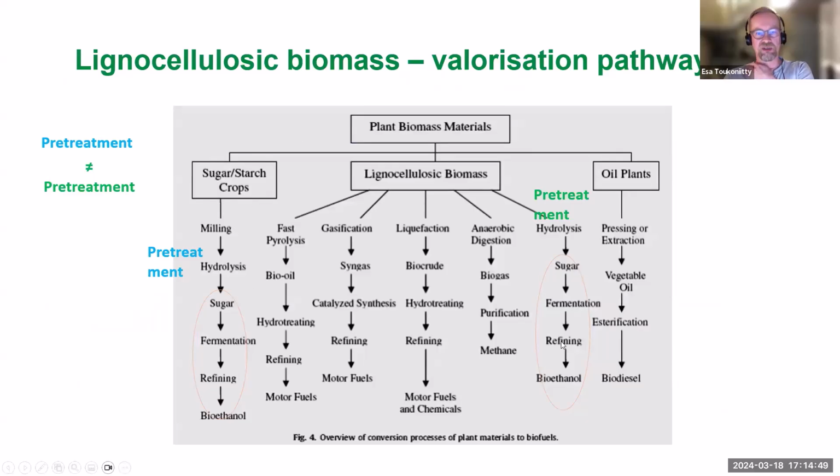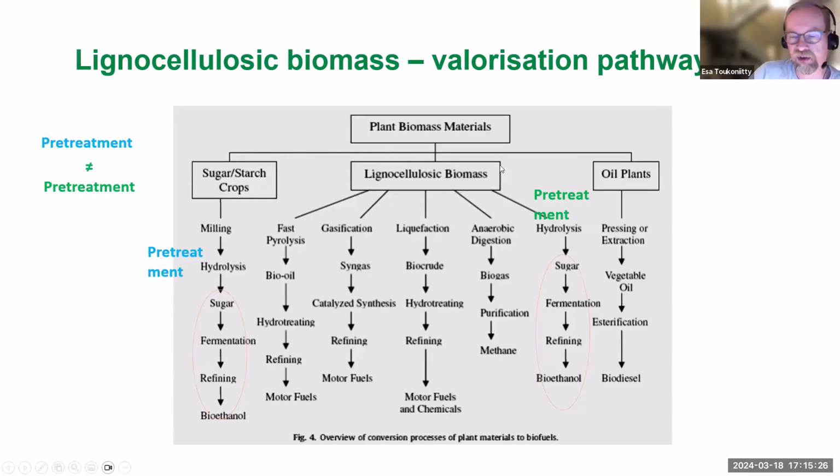Here is a scheme describing these reaction pathways, all of which we basically covered in the introductory part last week. But if we take a look at these two routes, the first one is the sugar starch route, and here is the pre-treatment step. I highlighted this with a blue color, it's called hydrolysis.